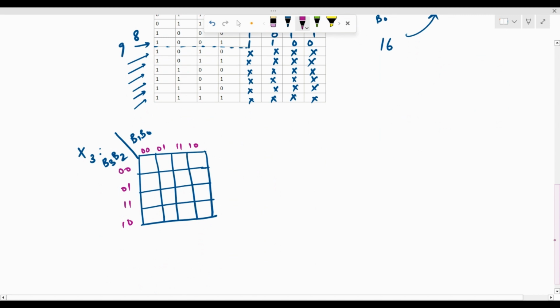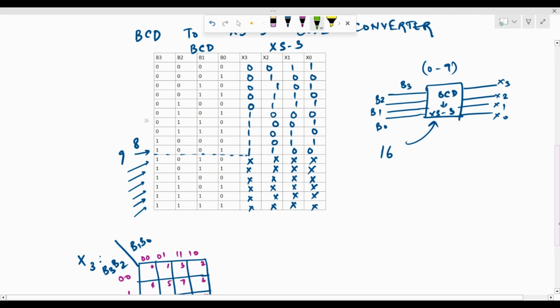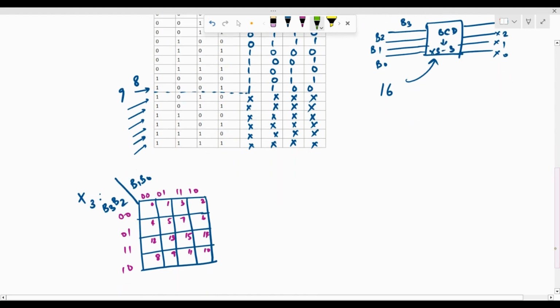So let's write out the numbers 0, 1, 2, 3, 4, 5, 6, 7, then go down 8, 9, 10, 11, 12, 13, 14, and 15. If we notice, for 5, 6, 7, 8, and 9, we have ones. So we'll mark the minterms 5, 6, 7, 8, and 9.